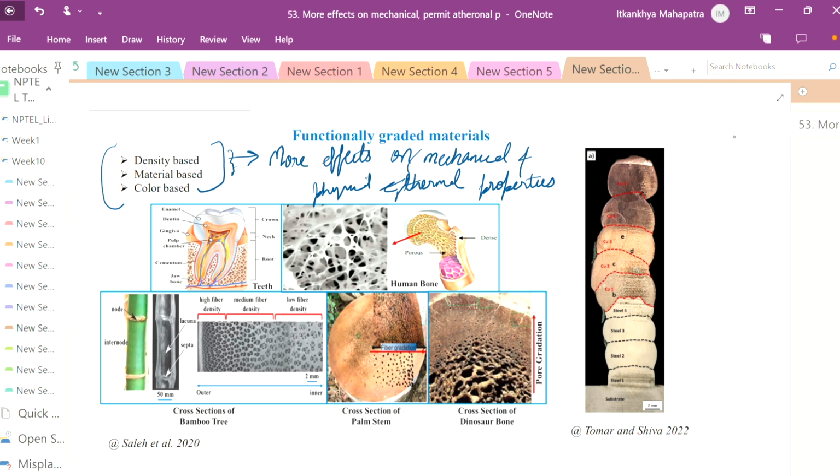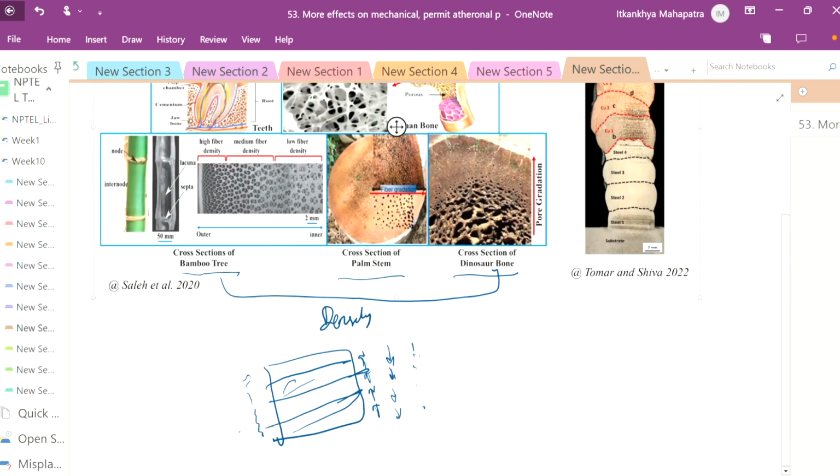For the density based, we can see examples like the cross section of a bamboo tree, palm stem, dinosaur bone. This is the density based.